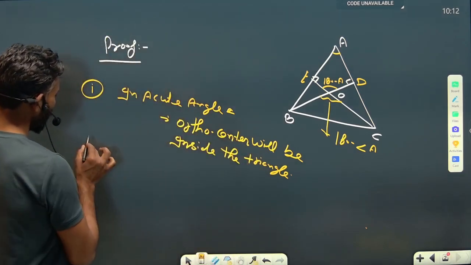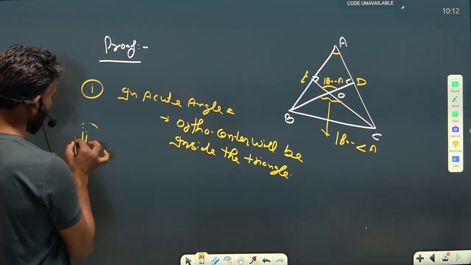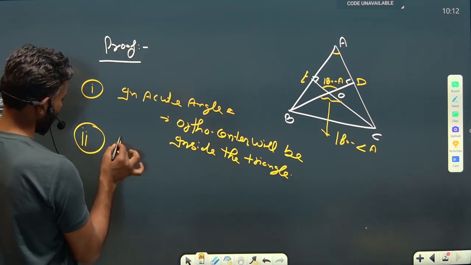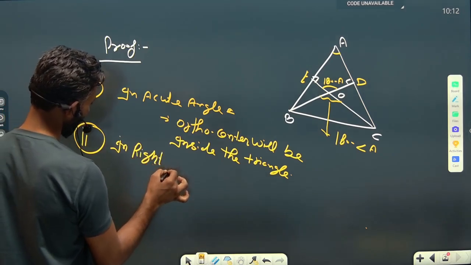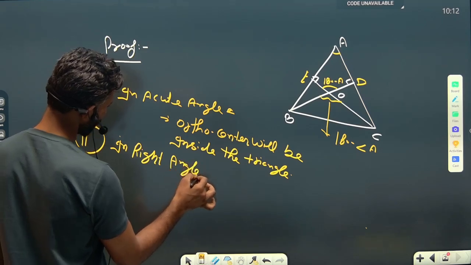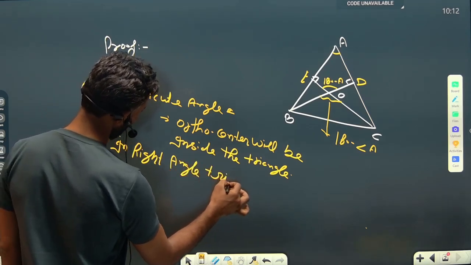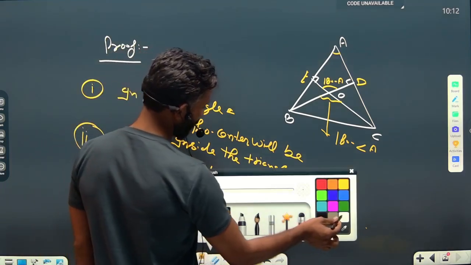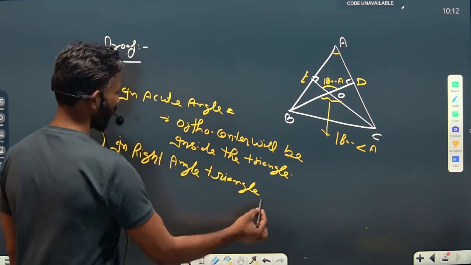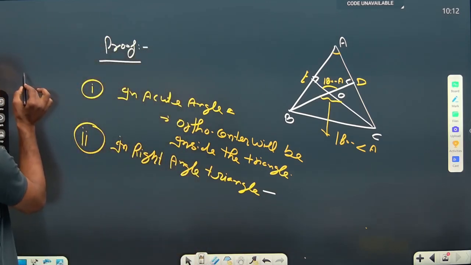If we are going to discuss a right angle triangle, I'm going to draw a right angle triangle over here.